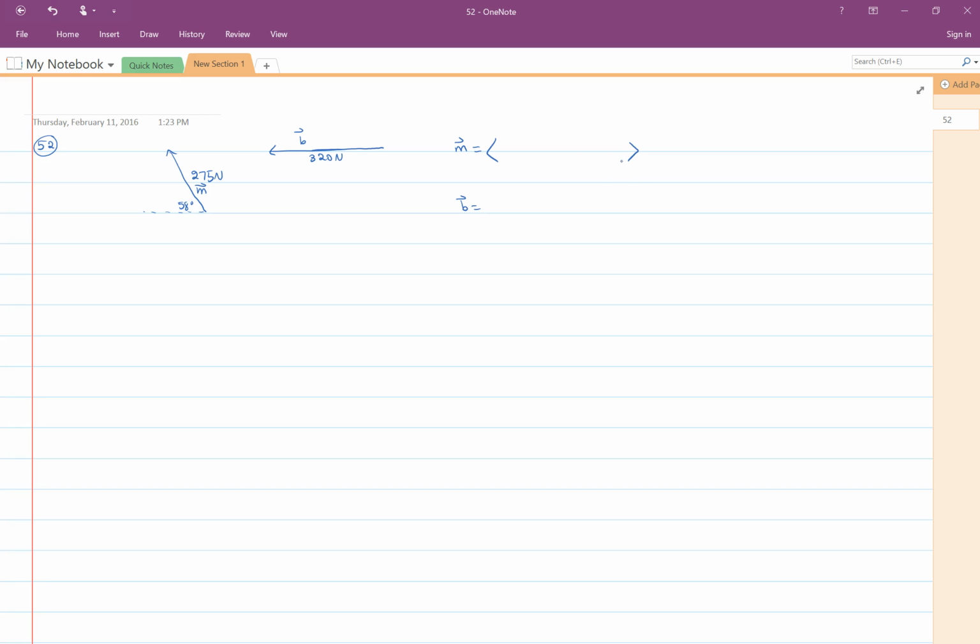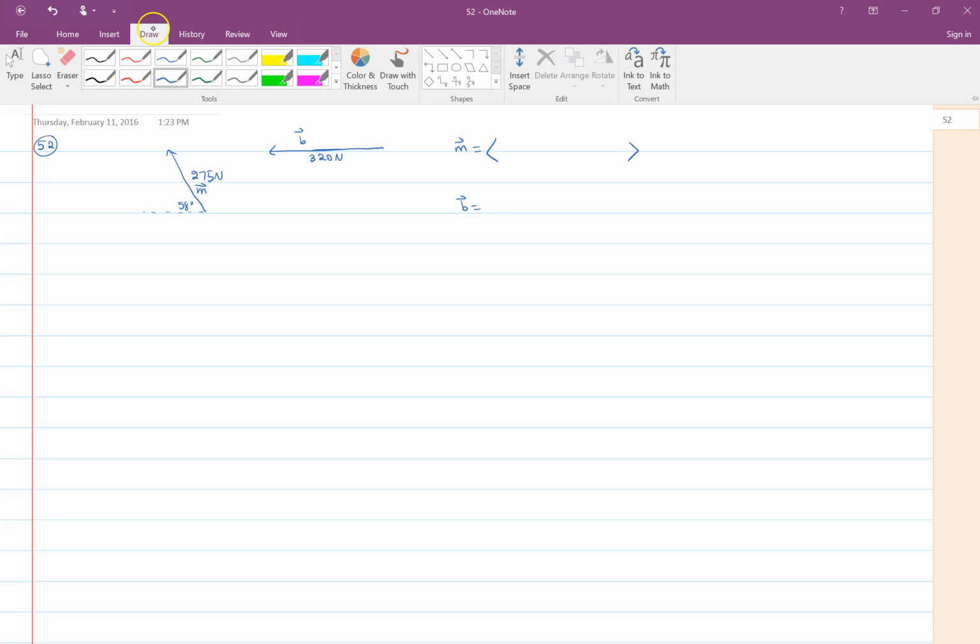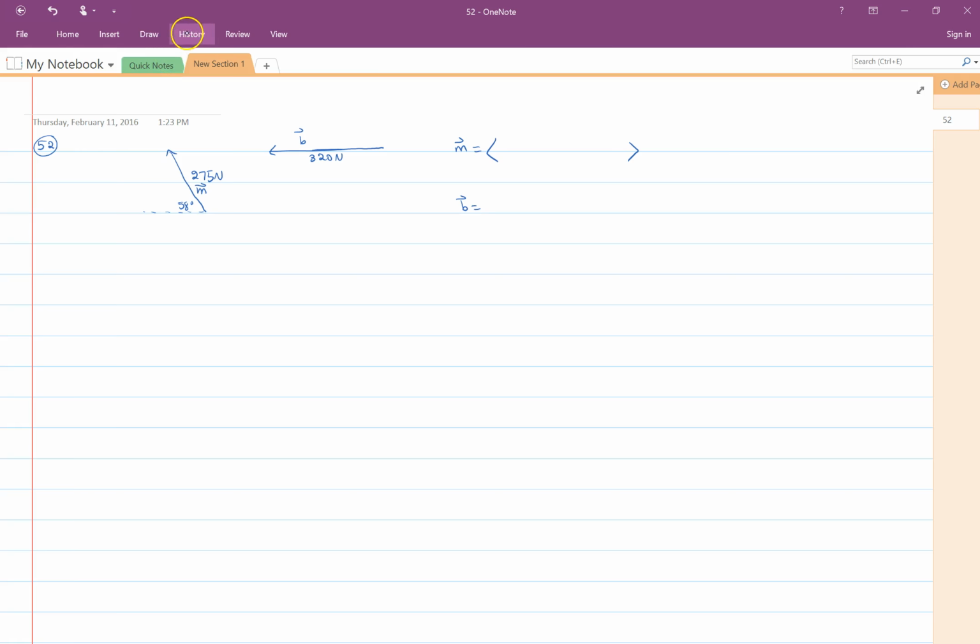M has an angle, okay? So if you look at the components of it, let me get another color. We have the Y component and the X component. Now look, the X component is this. It's the side that's adjacent to the angle, so that's the cosine, right? So it's always magnitude, cosine, angle.